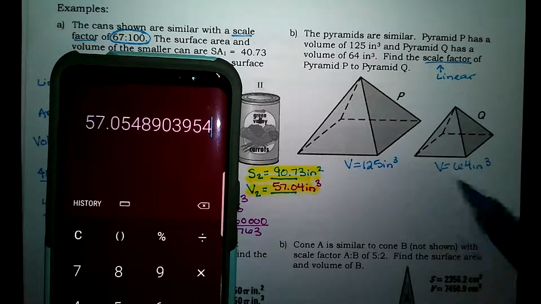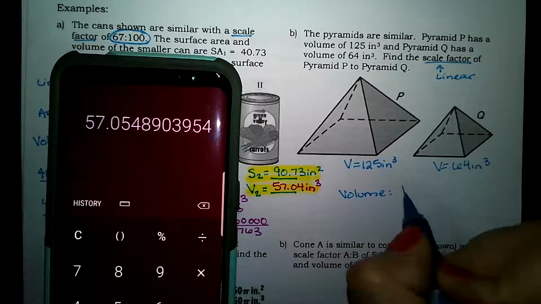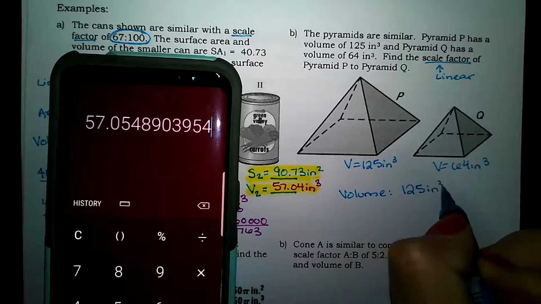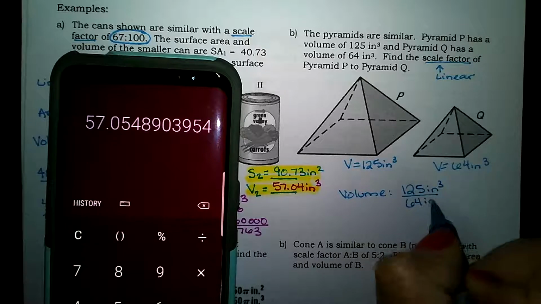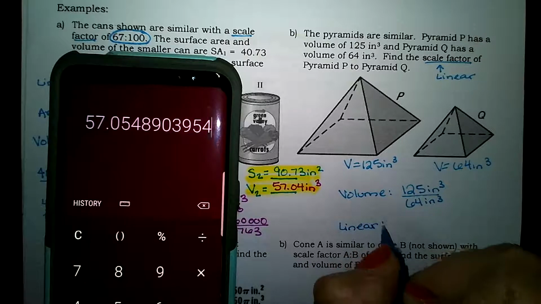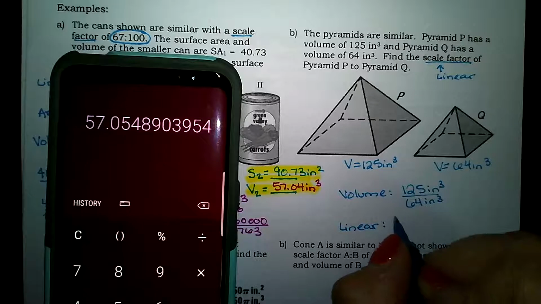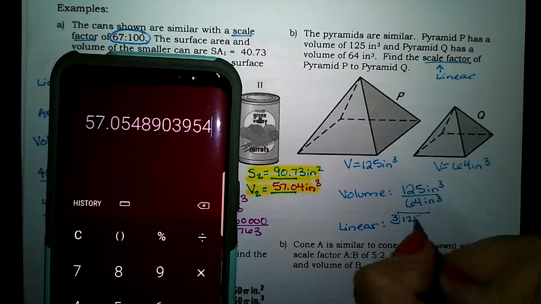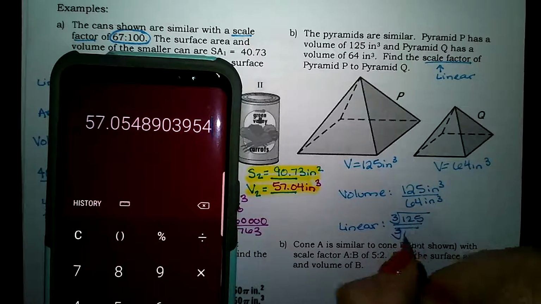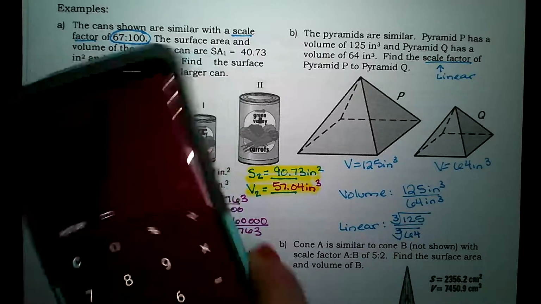Okay, so here I can write up a scale factor of cubic measure. That would be 125 inches cubed versus 64 inches cubed. If I need to get to a linear scale factor, I need to drop the cube. So I'm going to cube root each of these values. My little phone calculator has this feature on it.